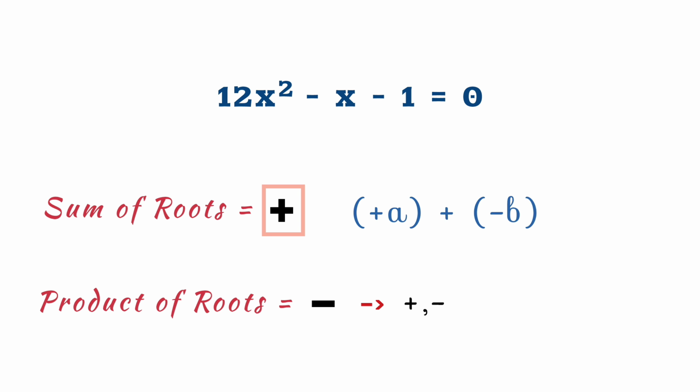If a positive and a negative number are added and give a positive result, that means the positive number has to be larger than the negative number. Am I clear? Also a peculiar thing to note: when you are adding a positive and a negative number, the sum is equivalent to taking the difference of two positive numbers.